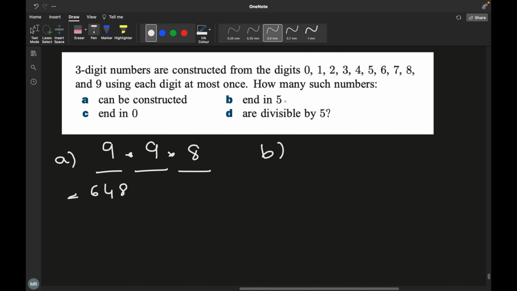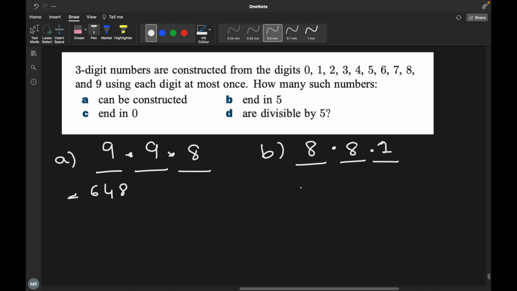And now B. They end in 5. Similar to this question. It's very similar, but it has to end in 5. So this can be occupied by 1 digit, which is 5. And the first one cannot be occupied by either 0 or 5. So it's 8. Then this is going to be 8 also, because we have 5 here and we have some other number here.